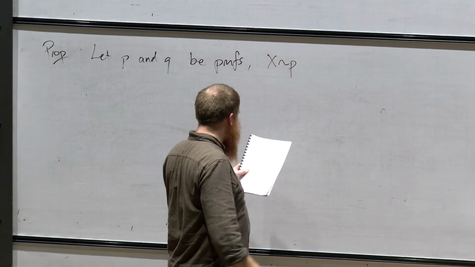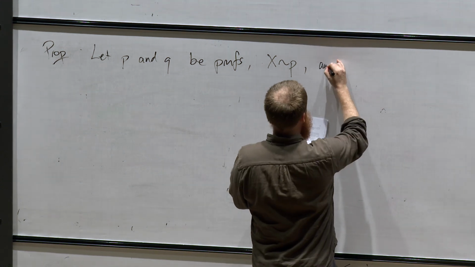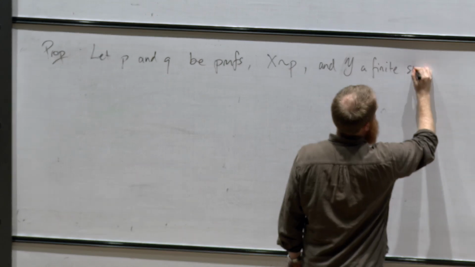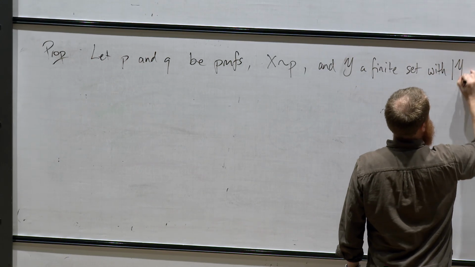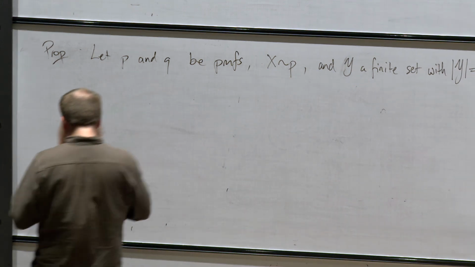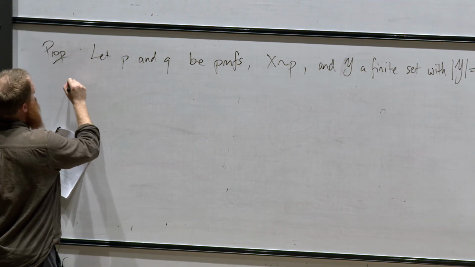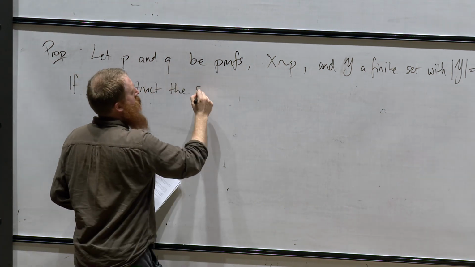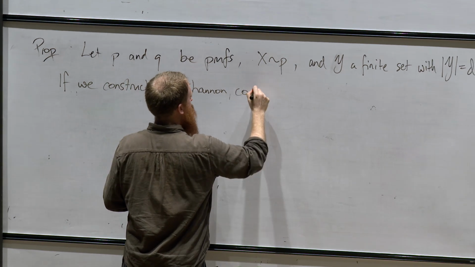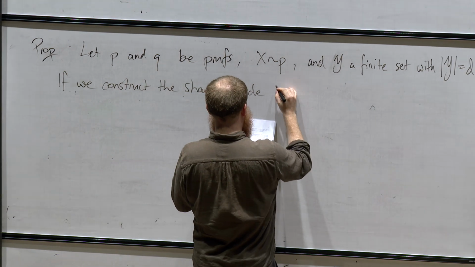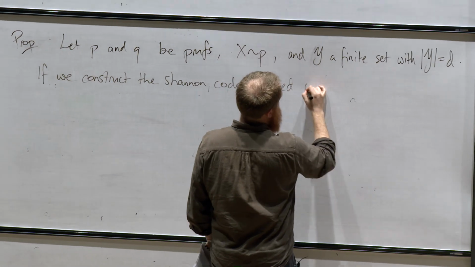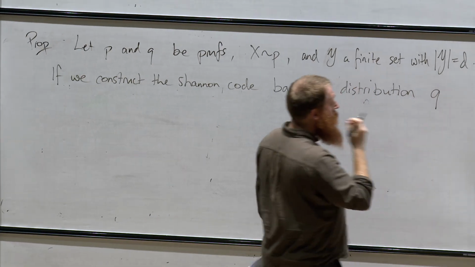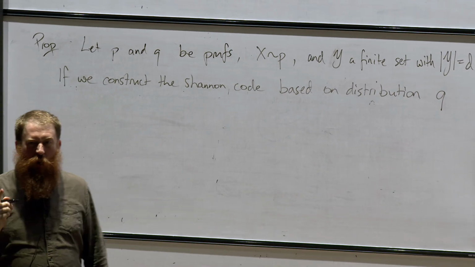Let X be distributed like P, and Y a finite set with size of Y equals D. If we construct the Shannon code based on distribution Q. So the problem is, often I also don't know the probabilities.